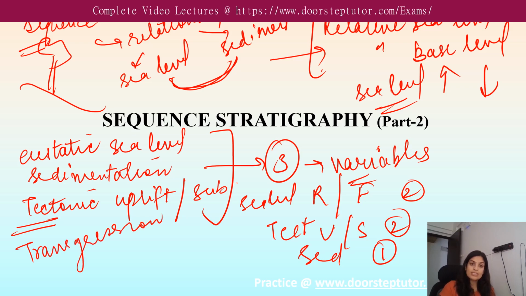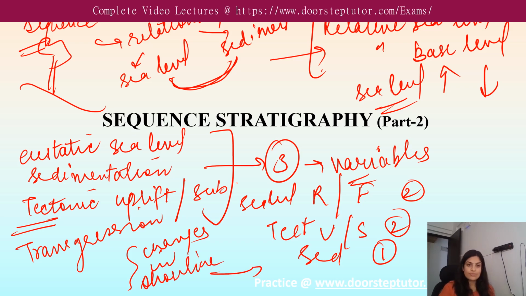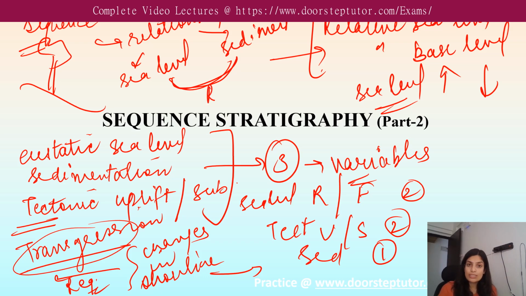So on the basis of this, we discussed first of all how a transgression takes place, because first we had to discuss the changes in the shoreline, right? Whether it was moving landwards or seawards. If it was moving landward, it was known as transgression. If it was moving seawards, it was known as regression. But there was a huge discussion between regression and forced regression. Why so?